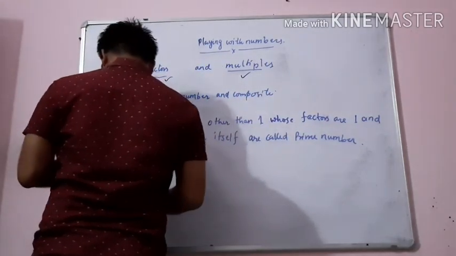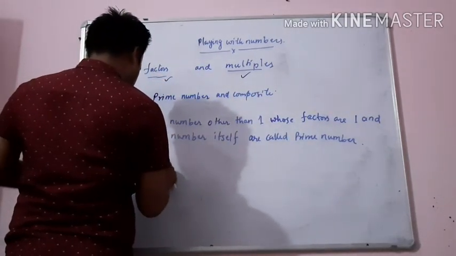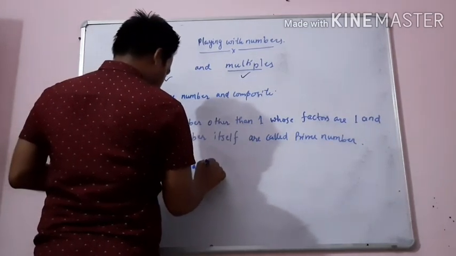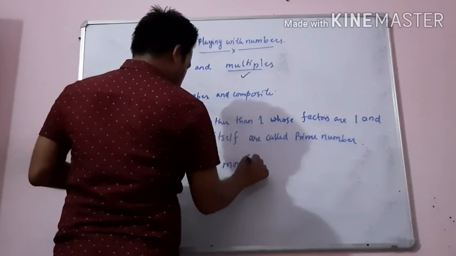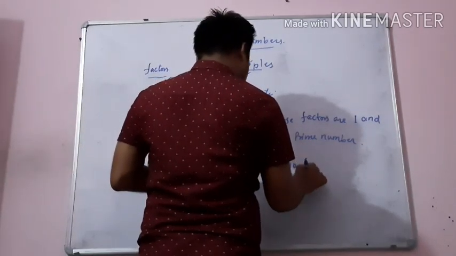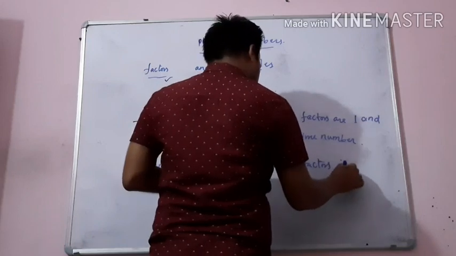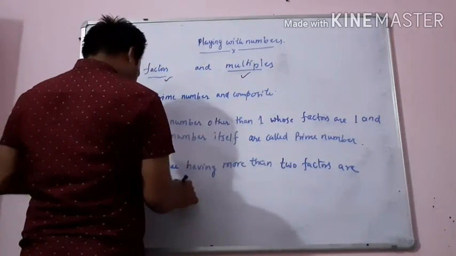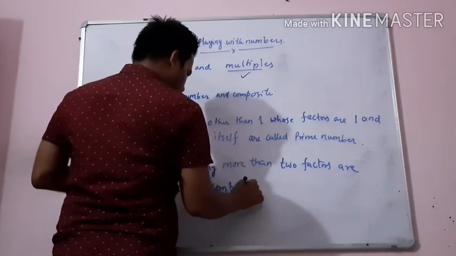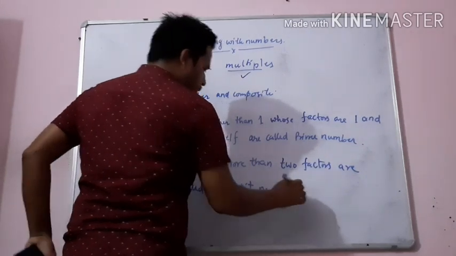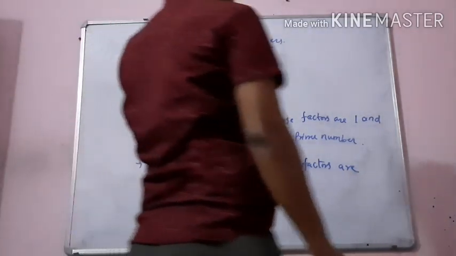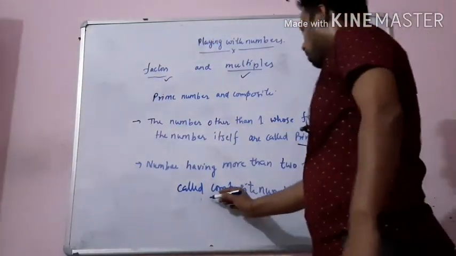Next, a number having more than 2 factors is called composite number. So, see here, I have written the definition of prime number and composite number.